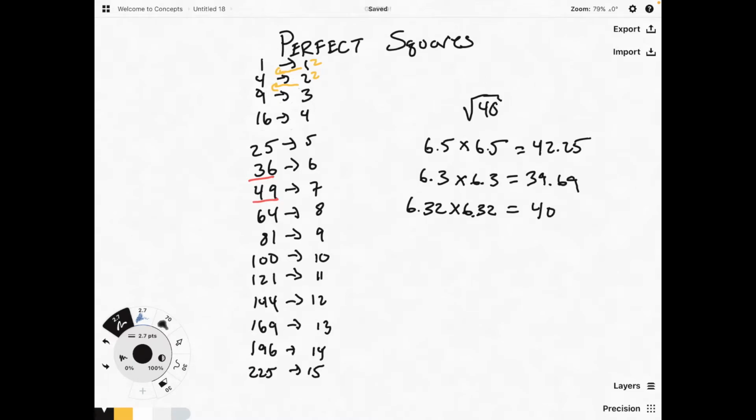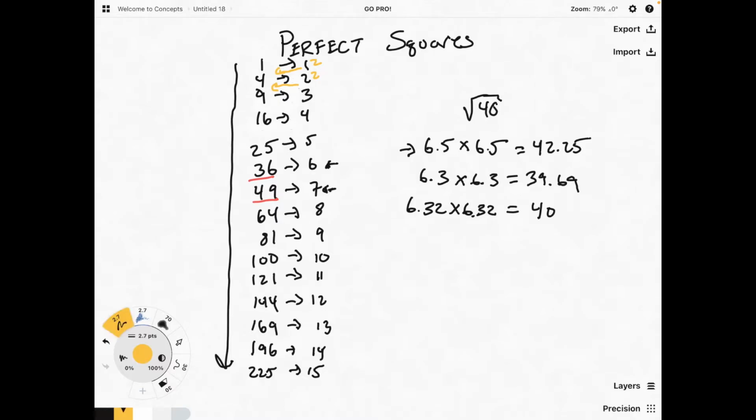By understanding your list of perfect squares up to 15, we had a really good starting point for the square root of 40. From there, we did trial and error. We started in between 6 and 7 because we knew that 7 is too high and 6 is too low. We went to an average to see if that was too high, which it was.